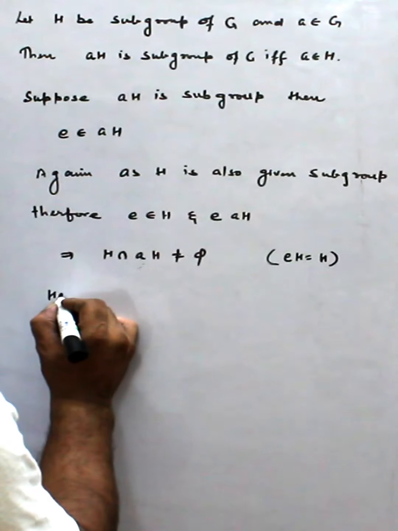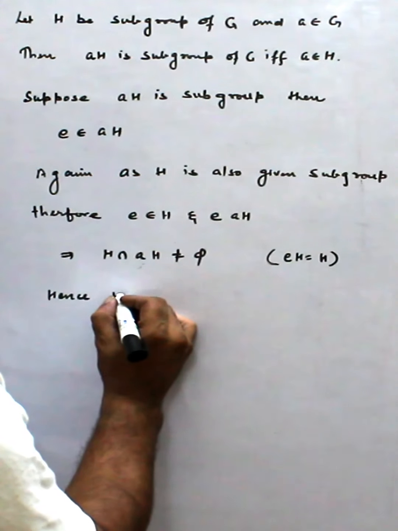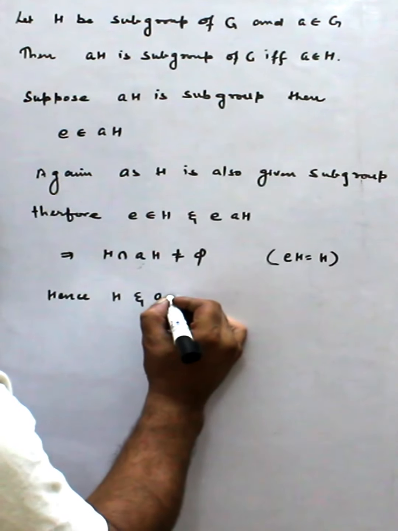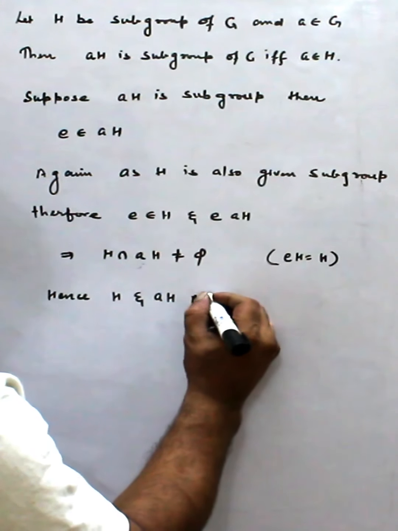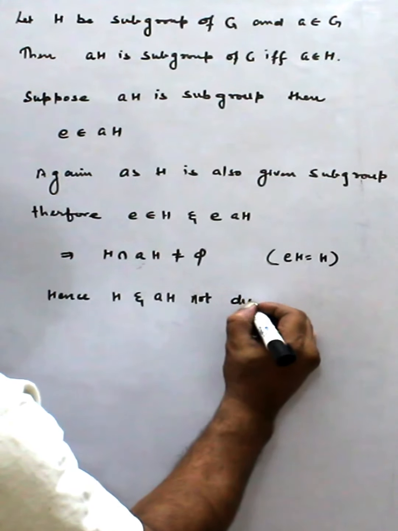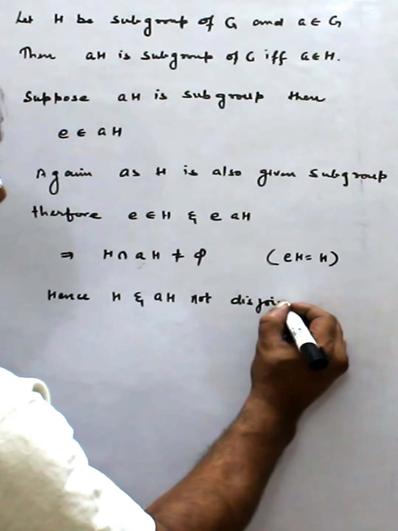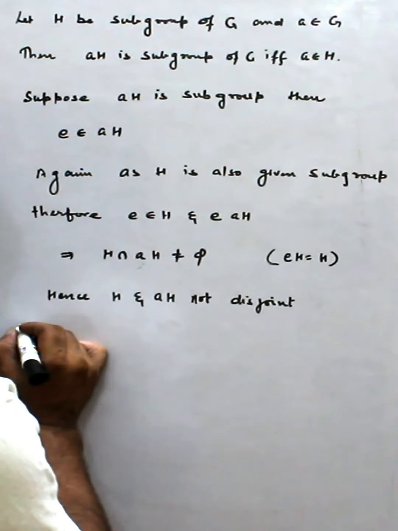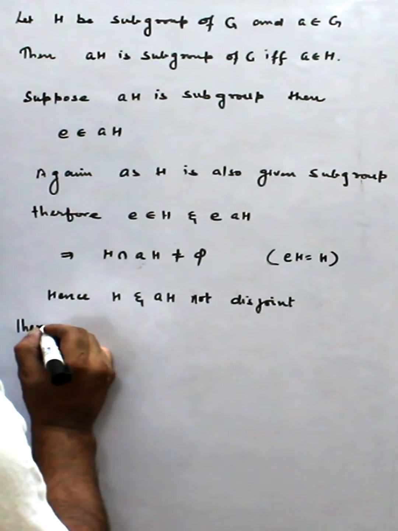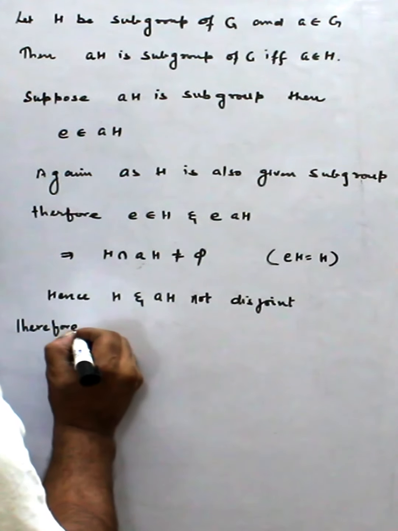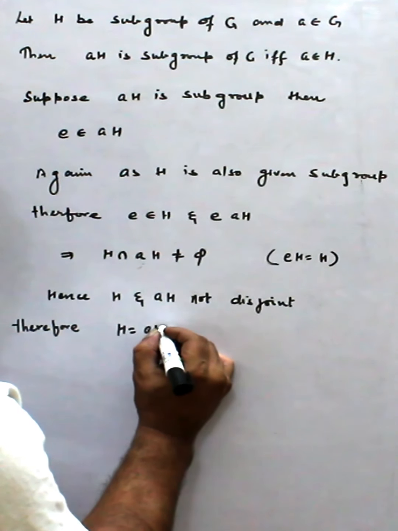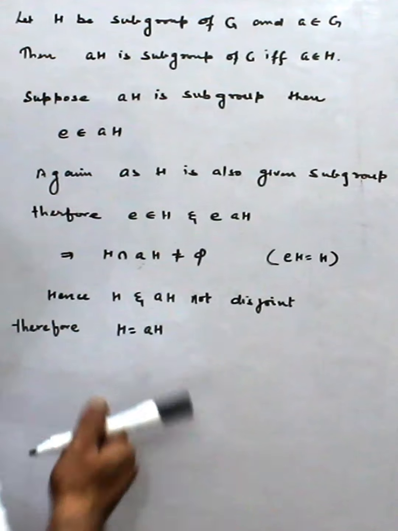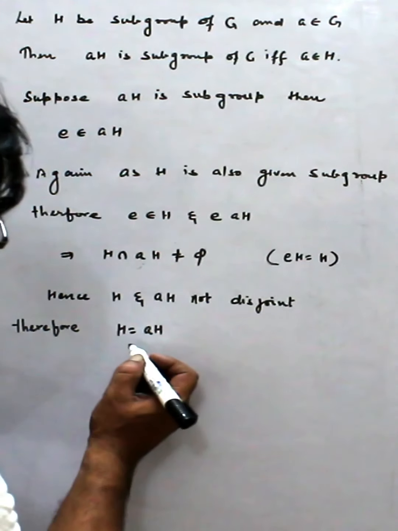Hence H and AH are not disjoint, therefore H is equal to AH, right? H is equal to AH.